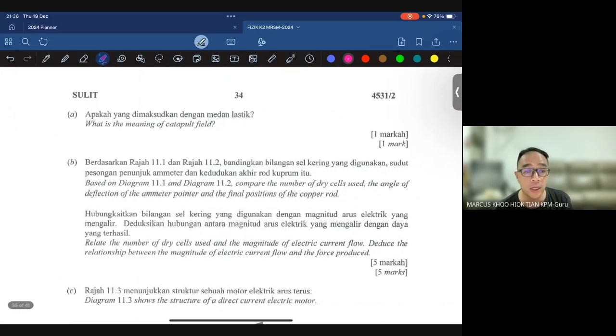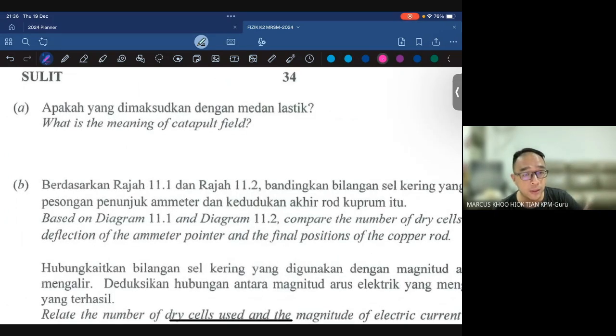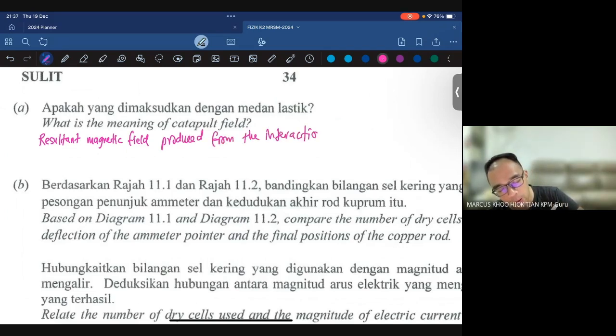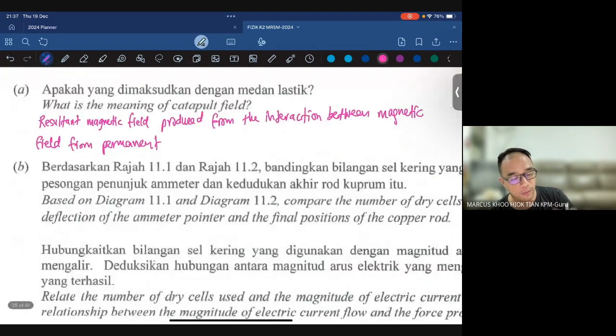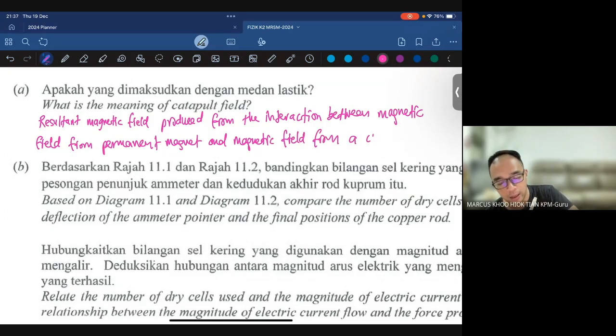Sure. Okay, what is the meaning of catapult field? This one we didn't cover, but let's do this. The catapult field is a resultant magnetic field produced from the interaction between magnetic field from permanent magnet and magnetic field from a current carrying conductor.